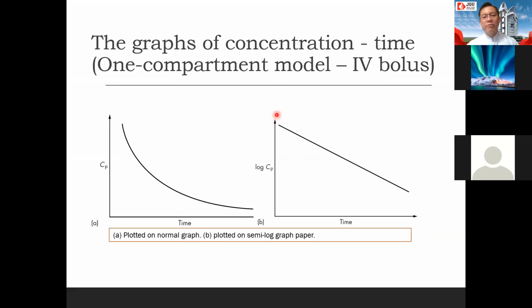If we plot it on semi-log graph paper, this is semi-log.